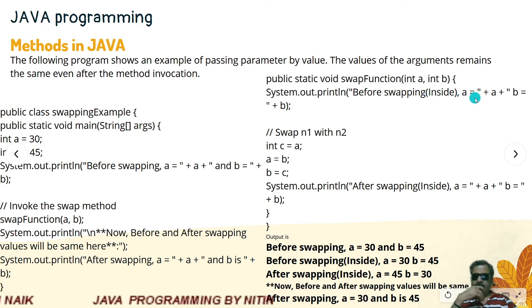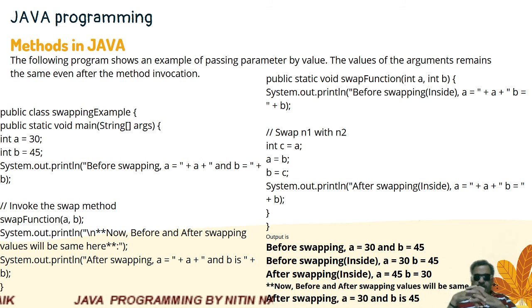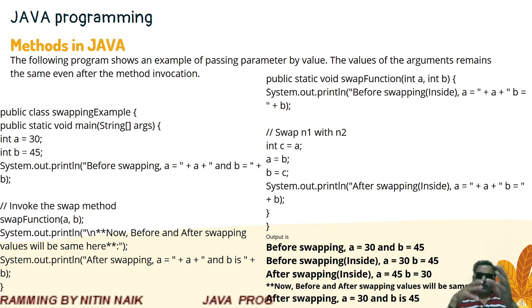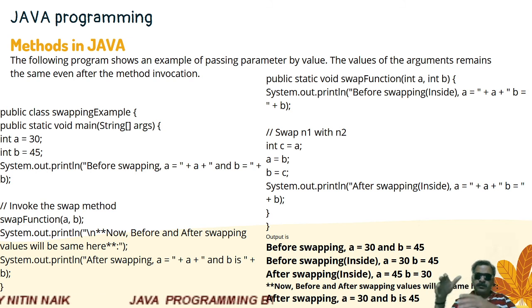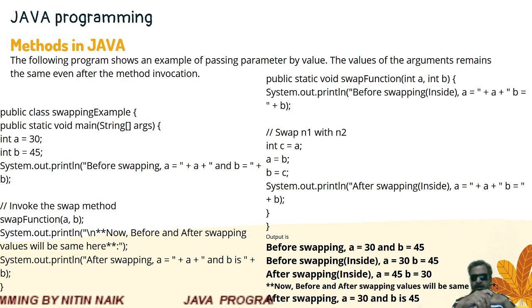Before swapping a is equal to, b is equal to. This is the normal procedure to swap two values. You can use another procedure also. Without using a third variable it is also possible to write a program to swap the values: a is equal to a plus b, b is equal to a minus b, and a is equal to a minus b. These are three statements, but the standard procedure uses a temporary variable.